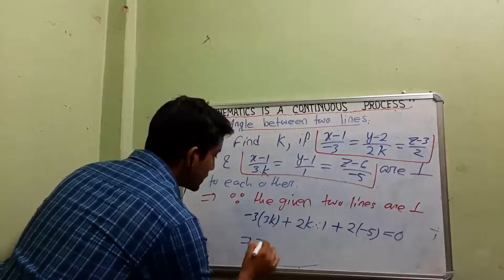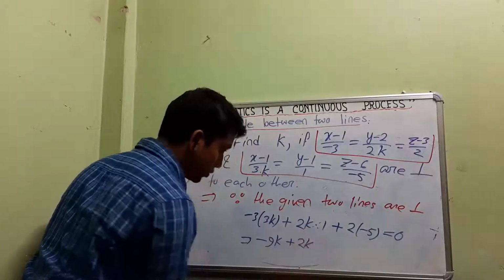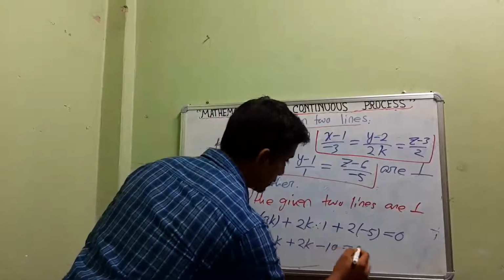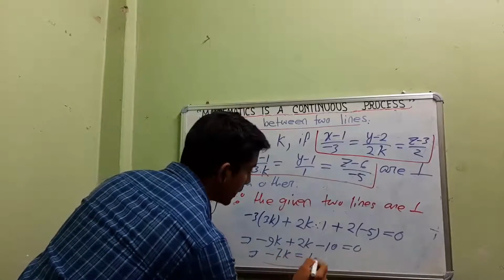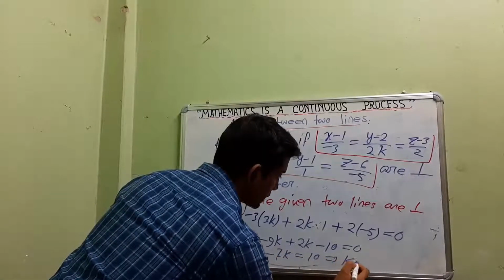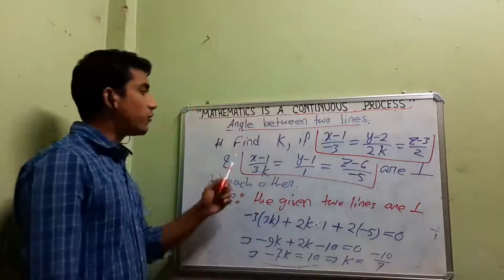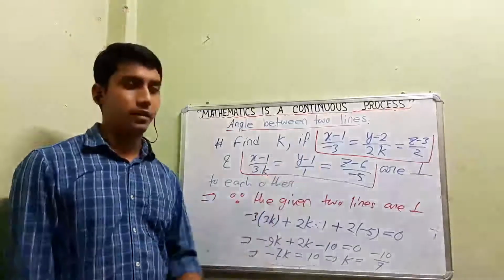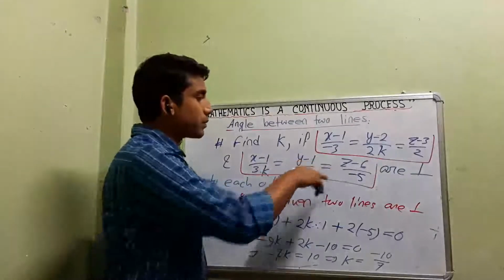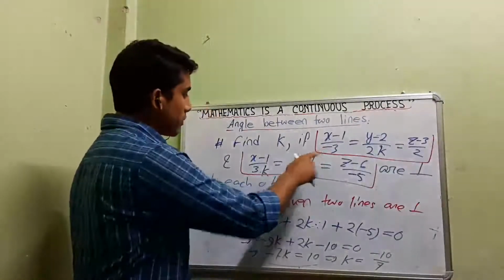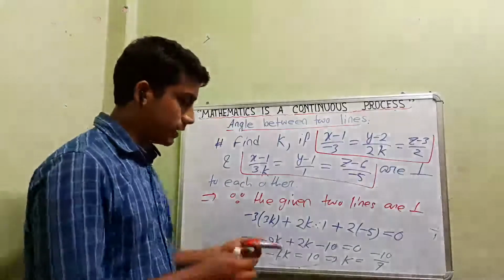This gives minus 9k plus 2k minus 10 equal to 0. So minus 7k is equal to 10, and k is equal to minus 10 by 7. In this way we will find the value of some constant using the concept of perpendicularity of two lines. So what I have learned: if two lines are perpendicular to each other, then the sum of the products of their direction ratios will always be equal to 0. That is the concept.